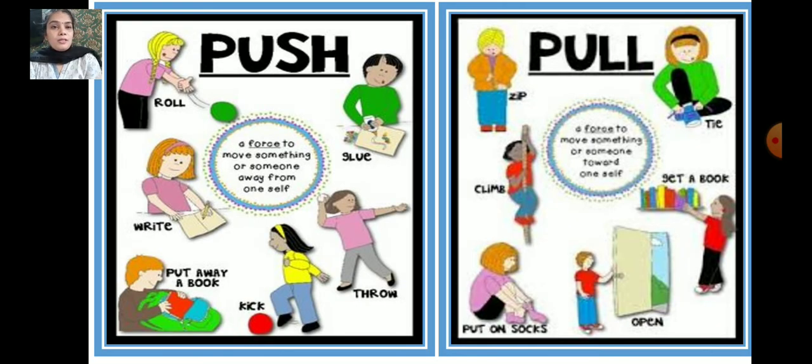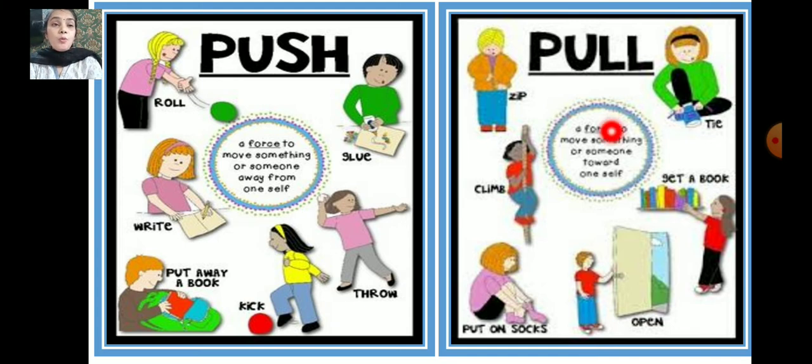Now see this. Push or pull. What they are doing is rolling an object, squeezing the glue, writing, kicking, putting away the books, throwing the ball. For all these we need to apply some force to push the object in motion.